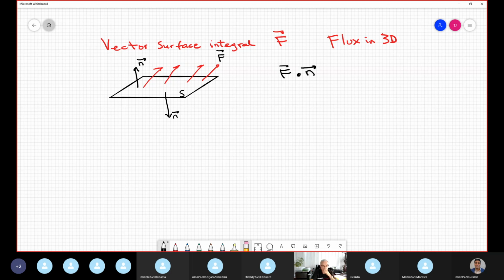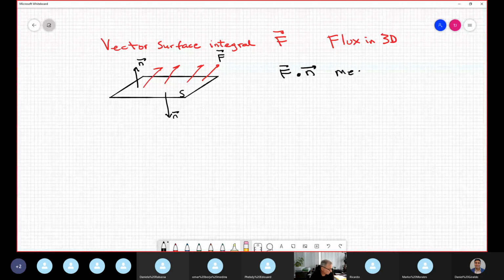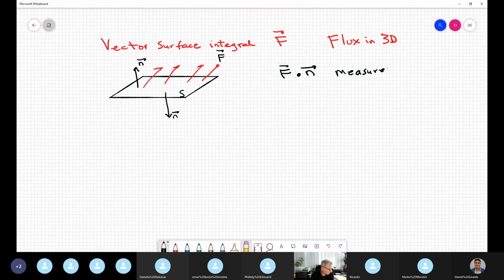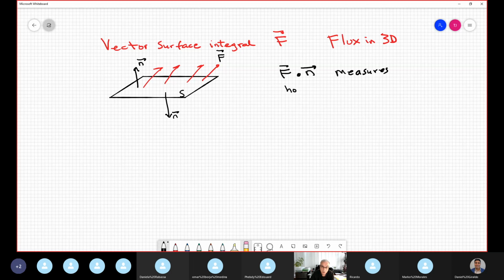But well, first of all, the dot product F dot normal vector, in my opinion, measures how much vector field is passing through the surface.